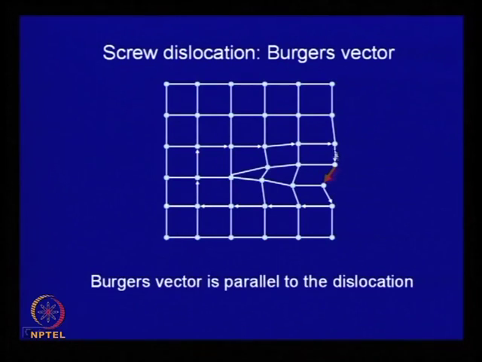So, when you construct that full 360 degree circuit, you will find there is a slip step, a vector which does not complete the circuit, and you need an additional vector to complete the circuit, and this is in the direction perpendicular to the plane of the drawing.